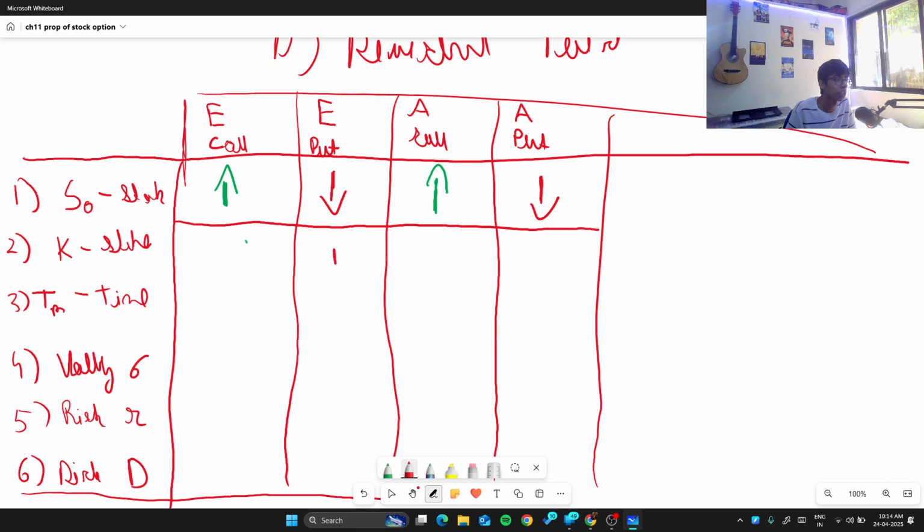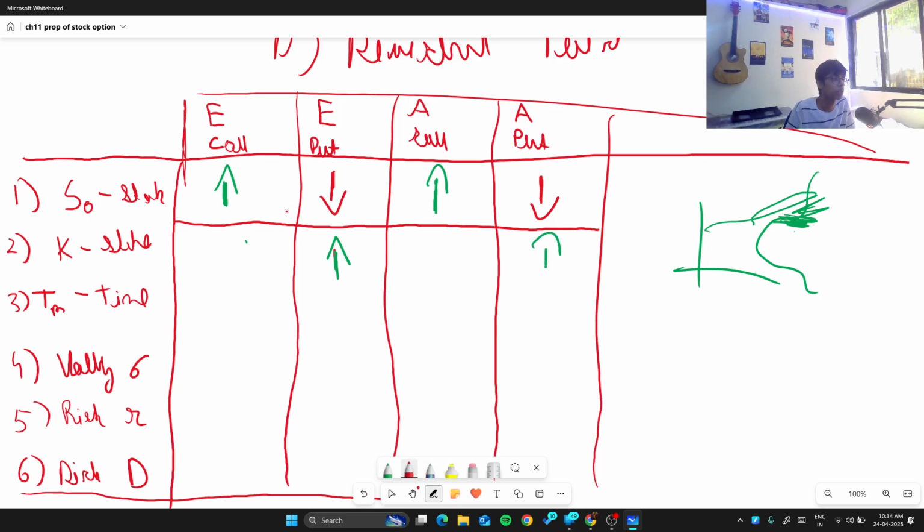If the strike price increases, the value of put will increase, because there is a high probability that it will go below the strike. And for the call, if the strike price is more, there is a low probability of hitting that, right? It's a probability distribution function, and if it is more, then it is less probability, right? And then an American put will also increase, right?